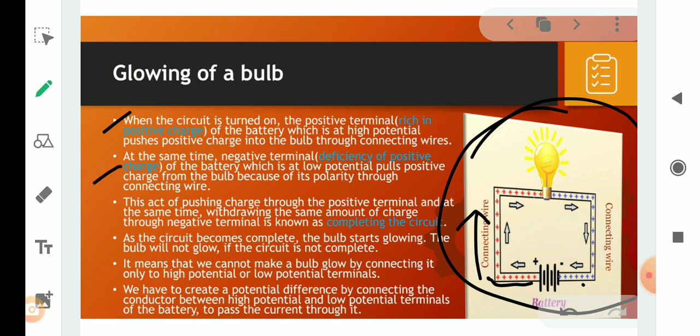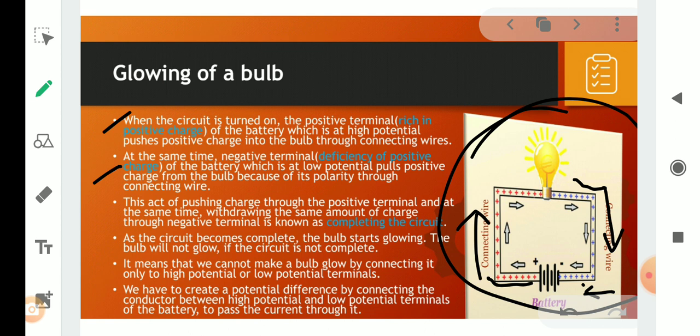At the same time, the negative terminal, where there is less positive charge and which is at low potential, pulls the positive charge towards it through the conducting wire. Towards the negative side, the positive charge is pulled.